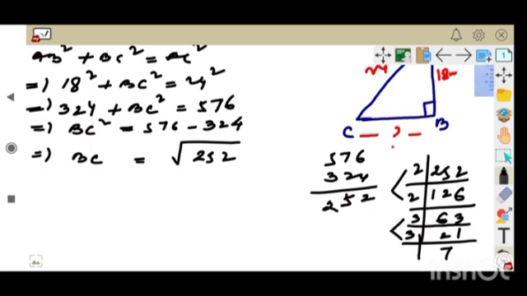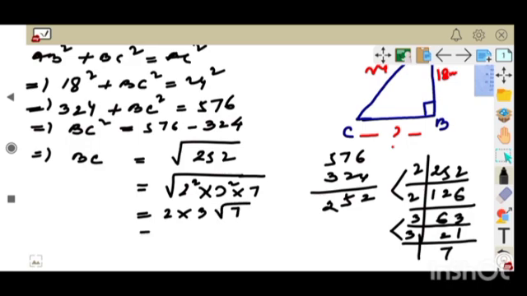So we write 2 square into 3 square into 7. So 2 and 3 will go out of the root and 7 remains inside. So now we have 6 root over 7. Here we have to write in terms of meter only.